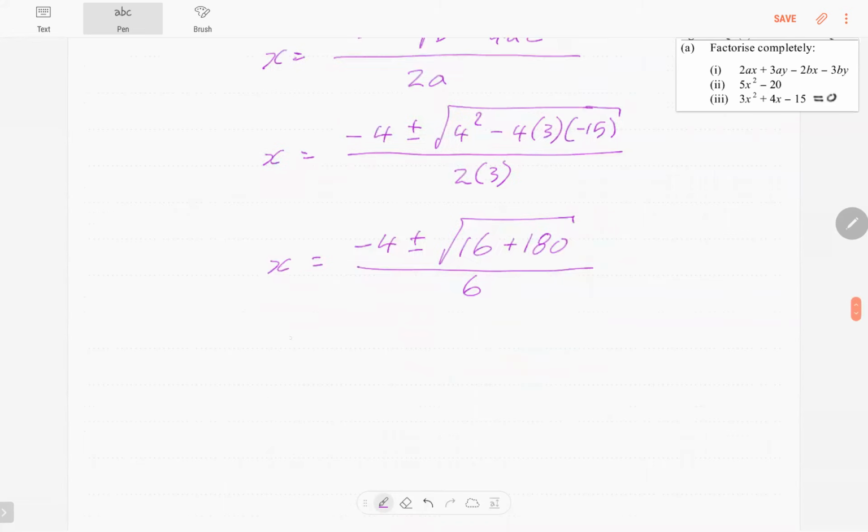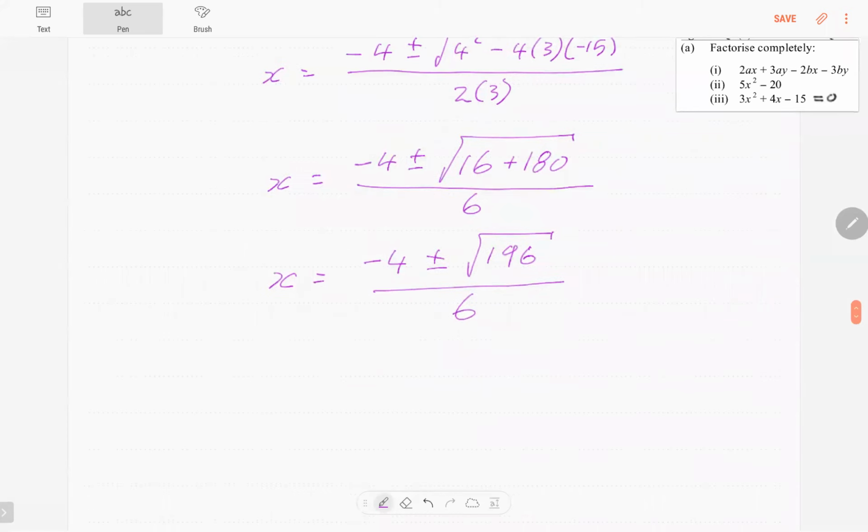All right? Let's continue. So I get x equals minus 4 plus or minus the square root of 196. Well, the square root of 196 is actually 14, divided by 6. Right? Let's double check that. The square root of 196 is 14. So you're going to do 14 and remove the square root sign.